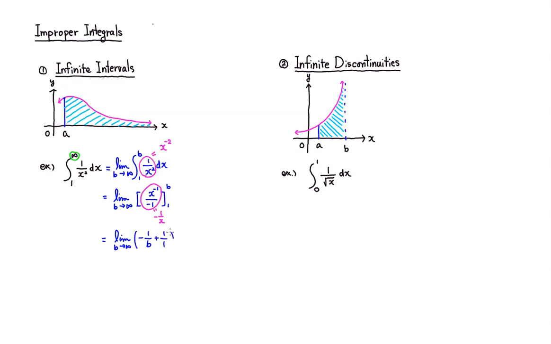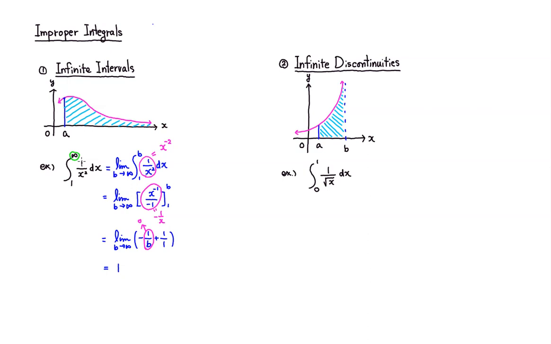But this limit is very easy to evaluate as b approaches infinity. 1 divided by a really big number approaches 0, so the first term goes away. What's left is just 1 over 1, which is 1. So the value of this improper integral is 1.